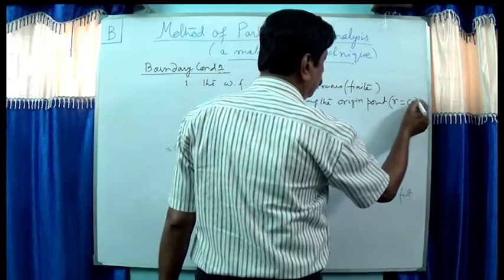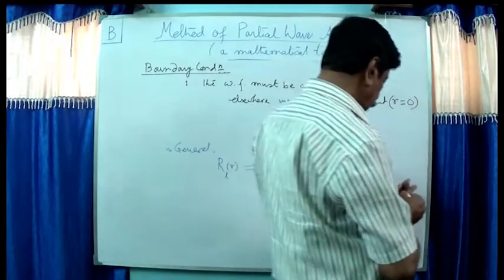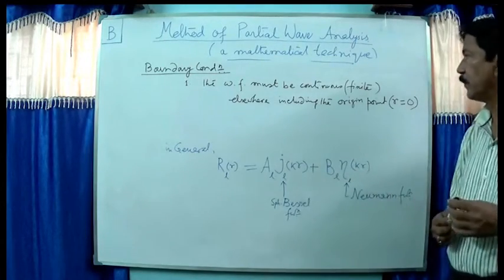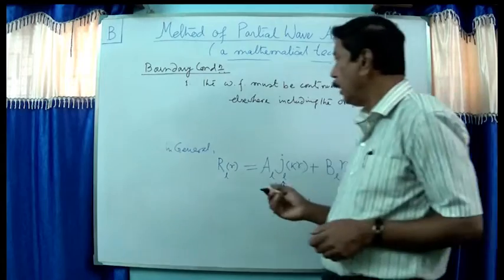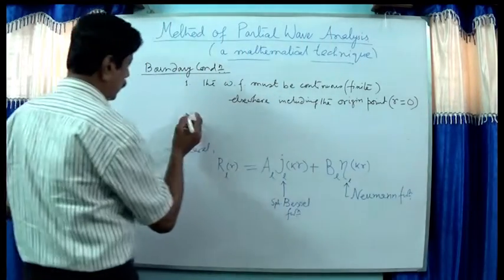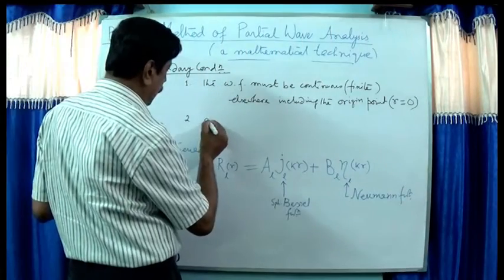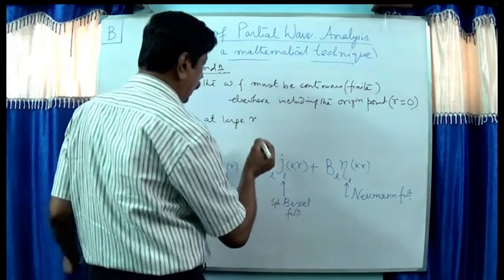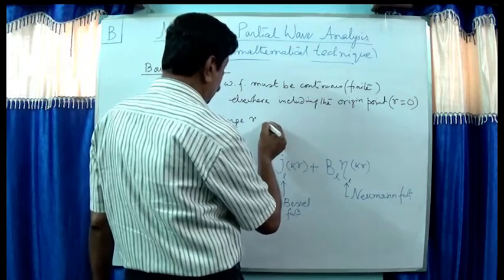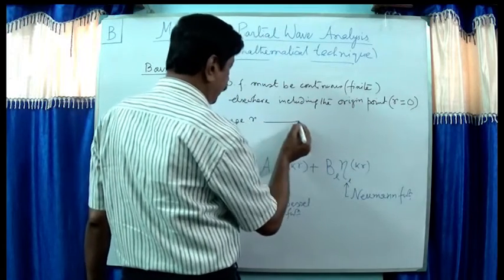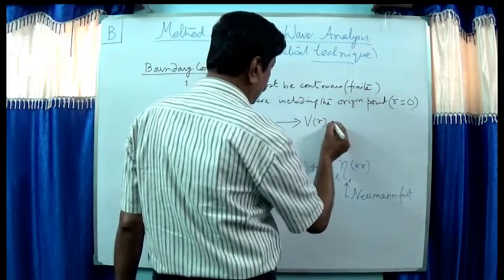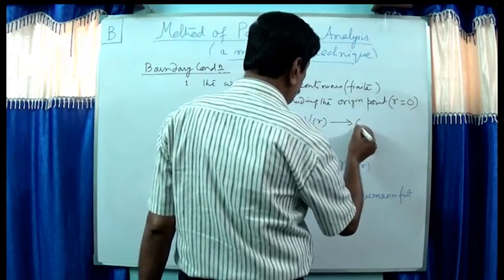This is one point, the first point, say. The second one, at large R, V of R, the potential must go to 0.